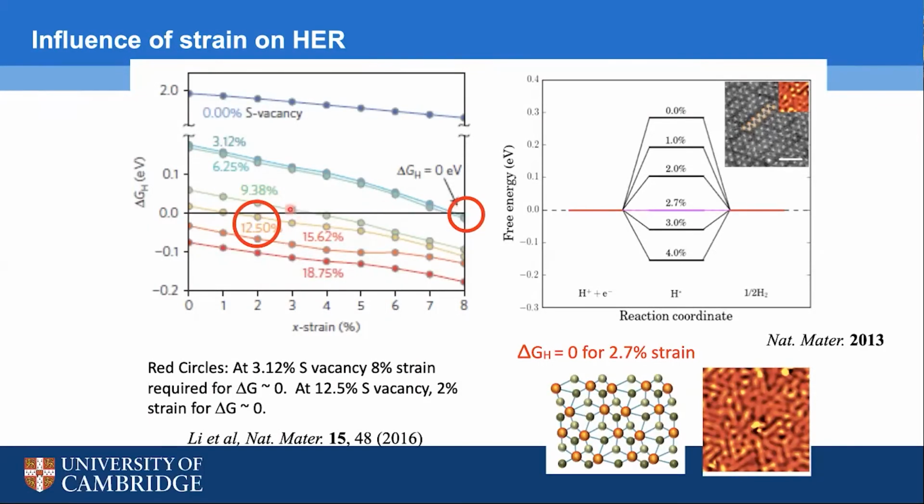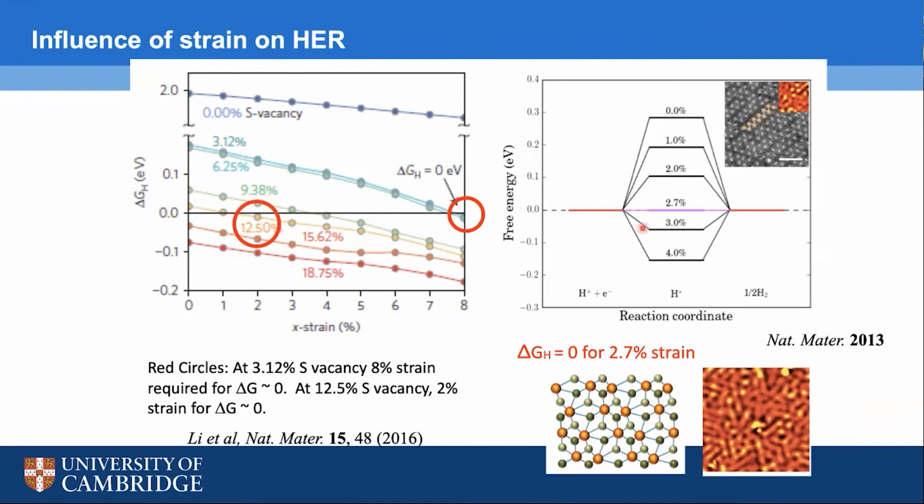And I showed you from one of the previous slides that we have a vacancy concentration of around 9 to 10% and a strain of 2 to 3%. And so we're in this category where delta G is close to 0.